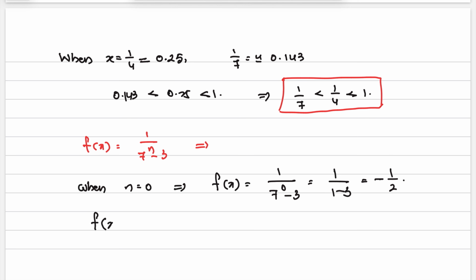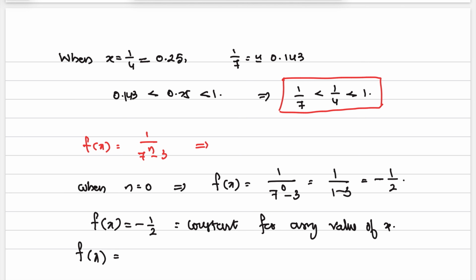Function x is equal to minus 1 by 2 means what happens? What is its meaning? Minus 1 by 2 value is constant. For any value of x, function x is a constant function. That means function x is continuous everywhere. It is not broken.